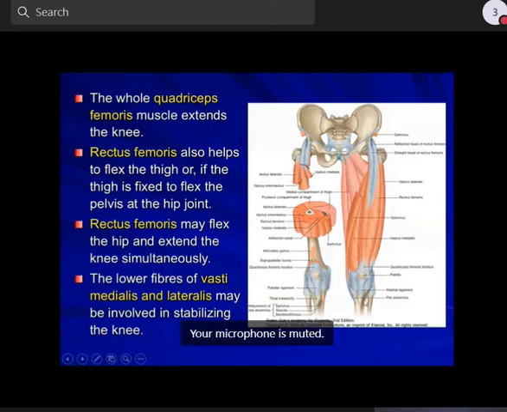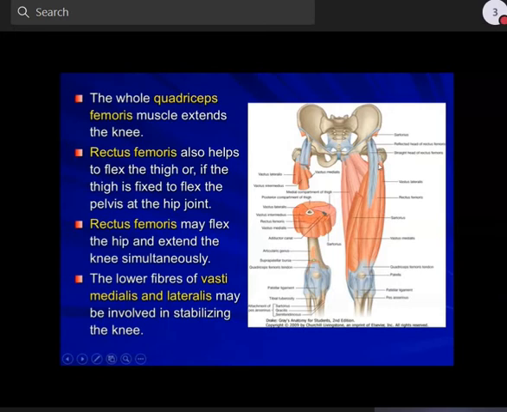Apart from this, you can see the second muscle of the anterior thigh, that is the sartorius. Sartorius means a tailor. It's the longest muscle in the body that passes spirally in front of the thigh and reaches the medial position.